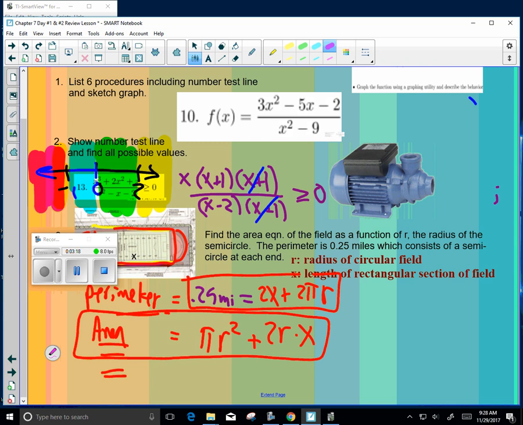And just do your test intervals and see which ones are what. What are we checking for here? Greater than 0, that means they need to be positive, right? So if they're positive, then you're going to include that in your answer.